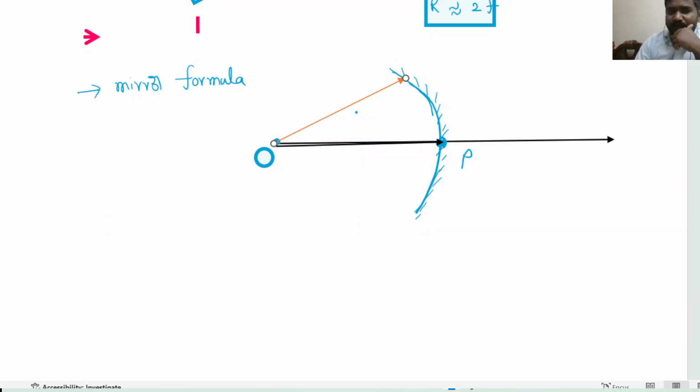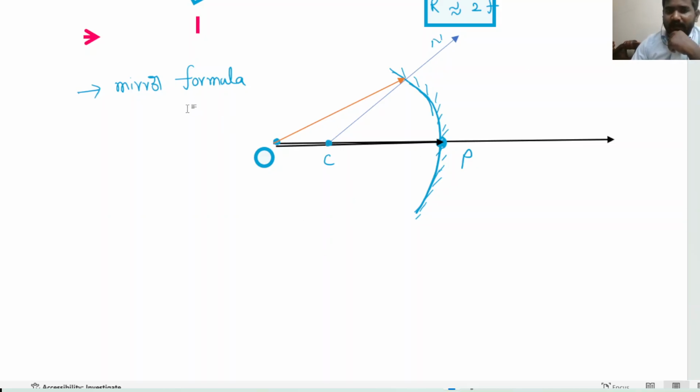At this point we need to make a normal. A line that passes through the center of curvature gives the normal at that location. Therefore, here we draw one normal like this, taken as N.